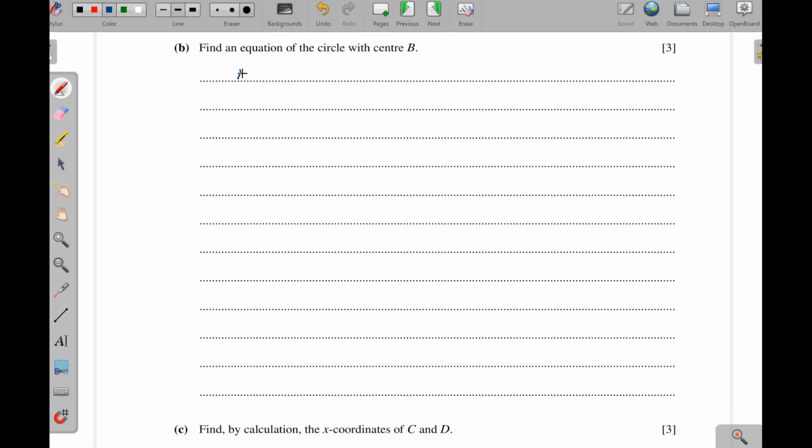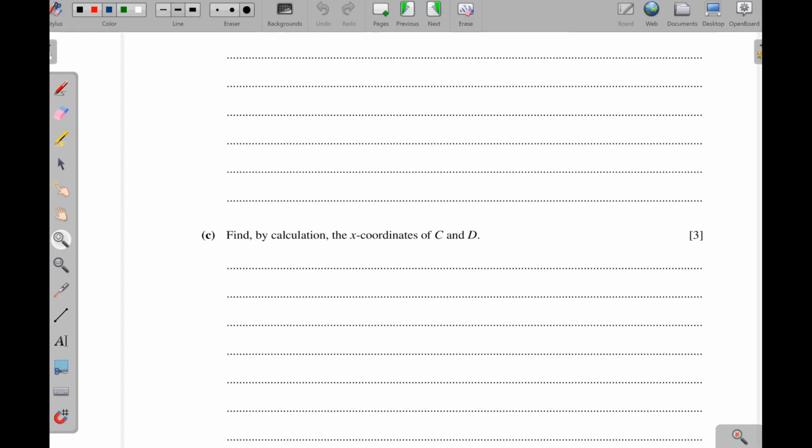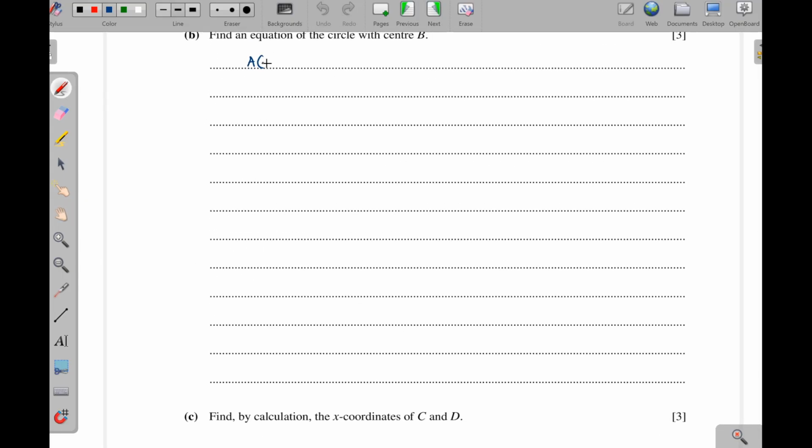Now, we have our A as, let's go back, negative 1, 4. And then B is 3, 2. Then the radius, the length of the line AB, is actually the radius, which is going to be equal to the square root of the change in x, that is 3 minus negative 1, which will be a 4, not so?